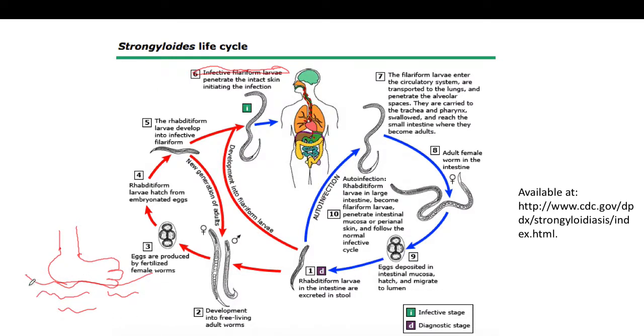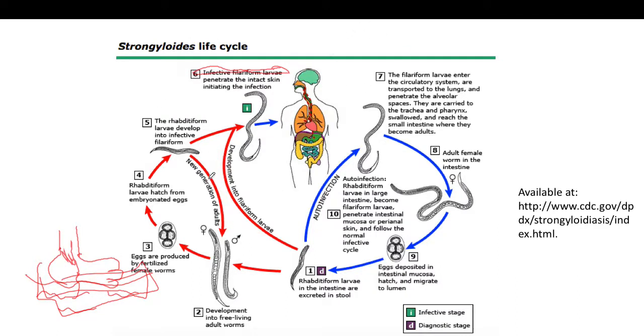So as they step, they might step on a piece of soil that has some larvae, which enter in contact with the skin, and that's how the infection starts. This is why, as we will see later, the main manifestations seen on the skin are found either on the buttocks or on the feet, because these are the sites that enter in contact with the soil that contains the larva.